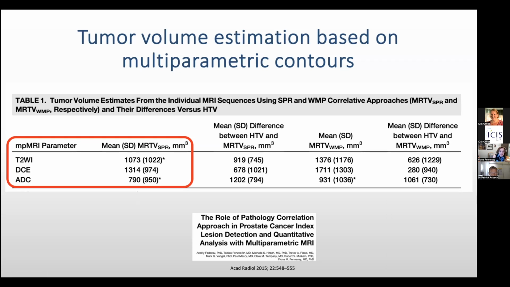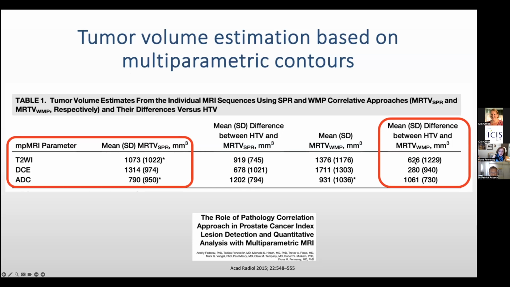I can't remember exactly how many were in this study, but if you look at the mean volumes, you can see there's a big difference here, and the standard deviation is quite big. In this specific study, we then correlated it with histological tumor volume based on whole mount. This is the mean difference between the histology volume, which was depicted by the pathologist, and the MRI-based tumor volume.